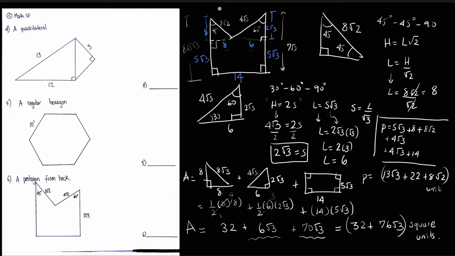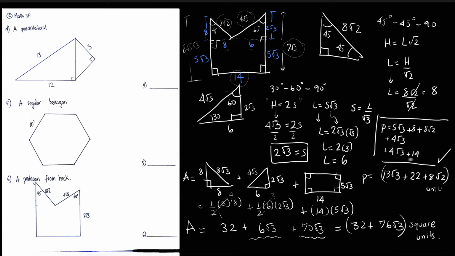Then you do the 8 root 2, then the 4 root 3, and then everything else, which is 7 root 3 and the 14. Recall this was a pentagon, so you're only supposed to have 5 sides: 1, 2, 3, 4, 5. So you add all of them up and you have your perimeter.